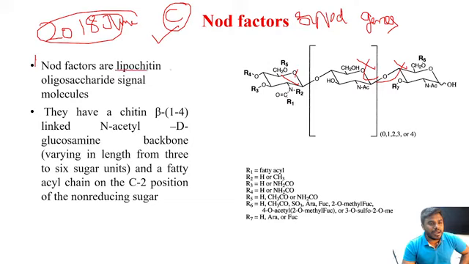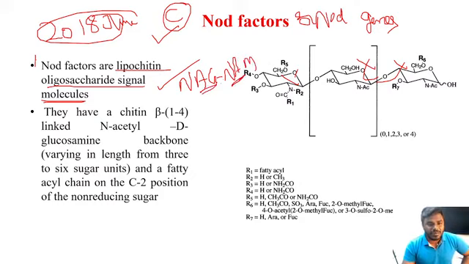Nod factors are lipochitin oligosaccharide signaling molecules. Of course, true. They are made up of, friends, NAG and NAM, N-acetyl glucosamine and N-acetyl muramic acid, which are associated with a glycosidic bond. And what kind of linkage do they have, my friends? Beta 1,4.